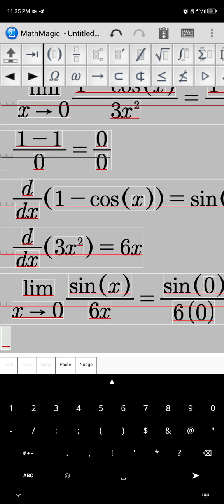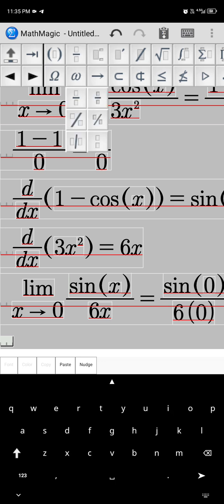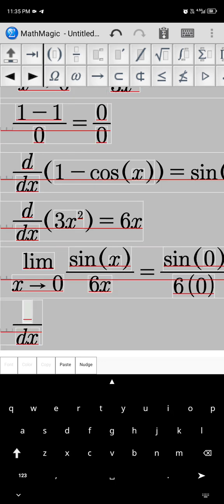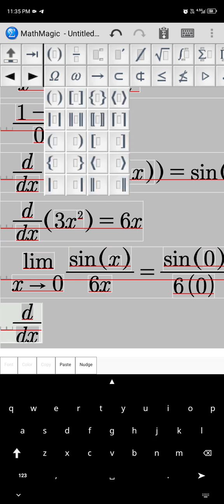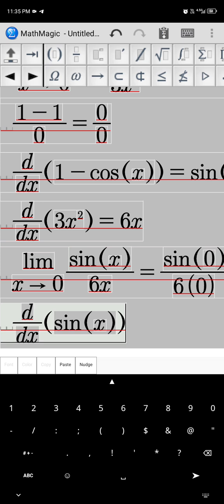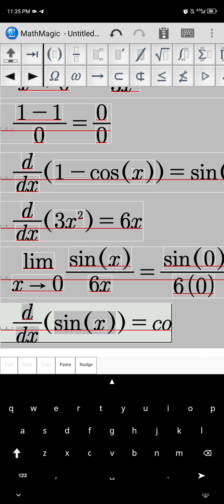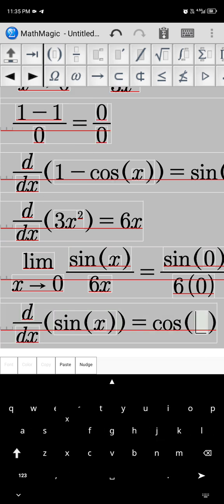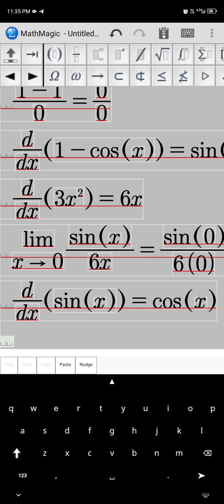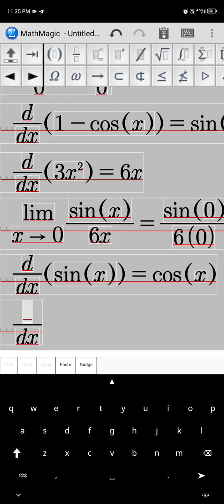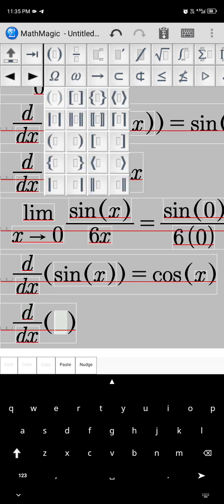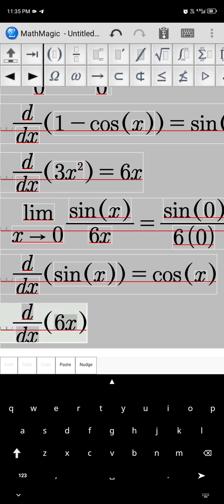So for the last time, applying the L'Hopital rule, we differentiate the numerator and the denominator. If I differentiate sine x, d/dx of sine x, that is cos x. And if I differentiate 6x, that is going to give us 6.